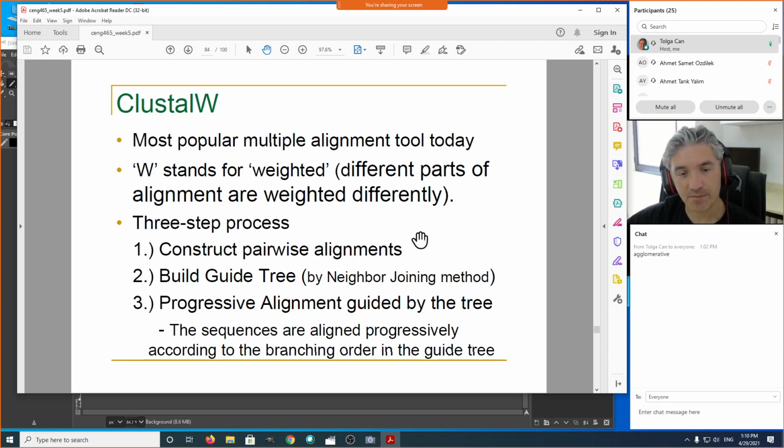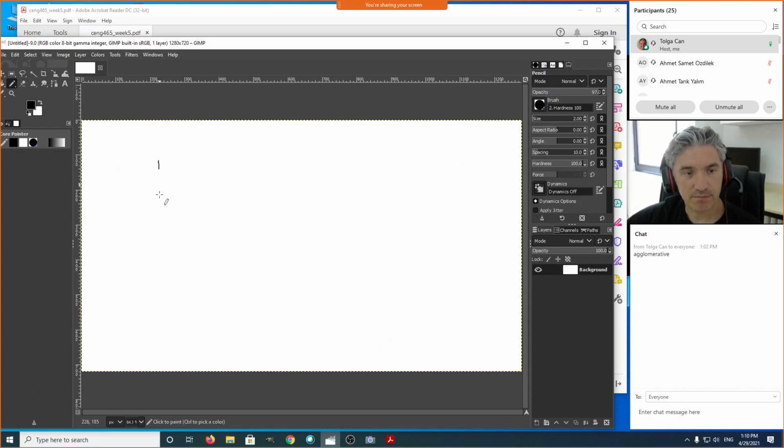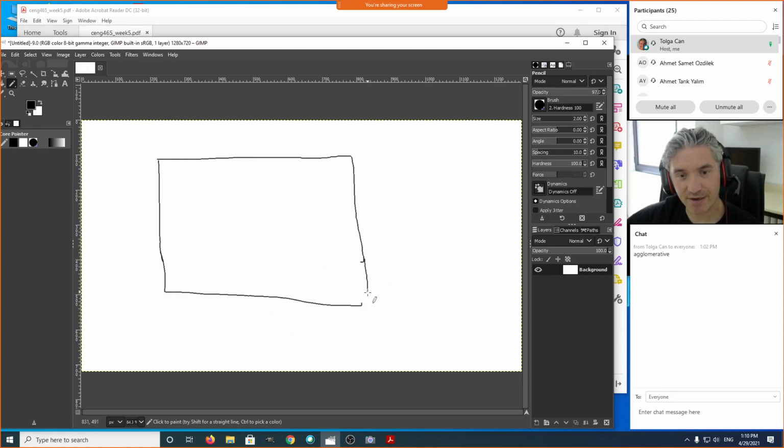These alignment scores can then be put together in a pairwise similarity matrix. For example, if I have k sequences, I can write here S1, S2, S3, S4, all the way to Sk. Again, here S1, S2, S3, all the way to Sk.